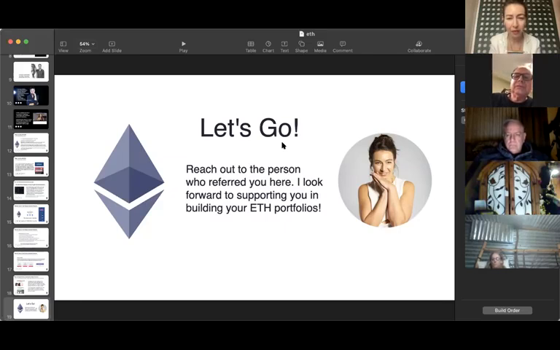So Javier asked, is this similar in terms of passive earnings? Is ETH transferred? Rebecca referred you.